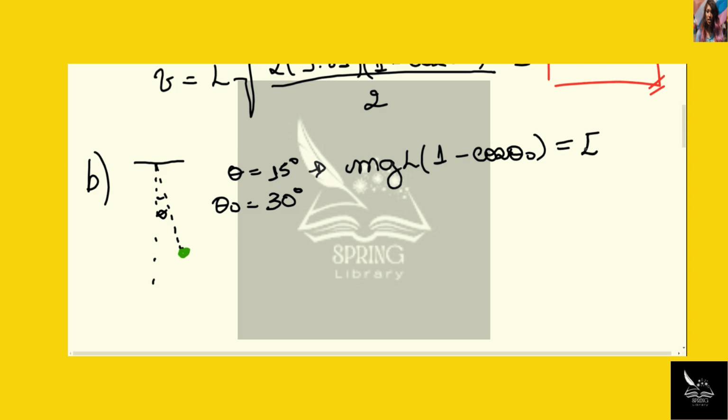So this is the initial energy. Now the final energy is going to be the kinetic term, moment of inertia times theta dot squared divided by 2, plus the potential energy from gravity.